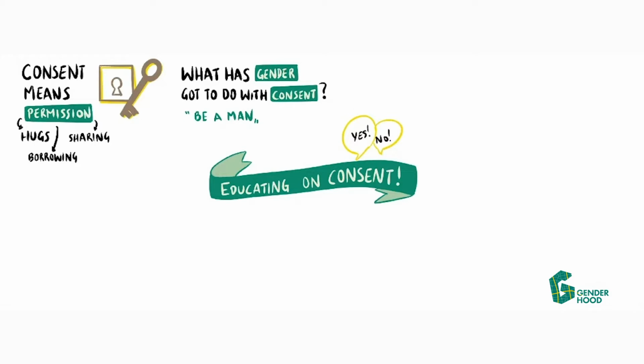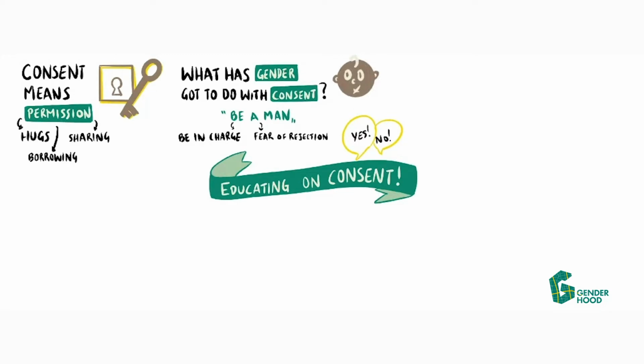For example, boys are taught that they should always be in charge and not get pushed around by anyone, especially a girl. Boys are often expected to be the initiators in romantic or sexual relationships. They can sometimes be too assertive because underneath they're worried about rejection. It's hard for them to hear the word no.